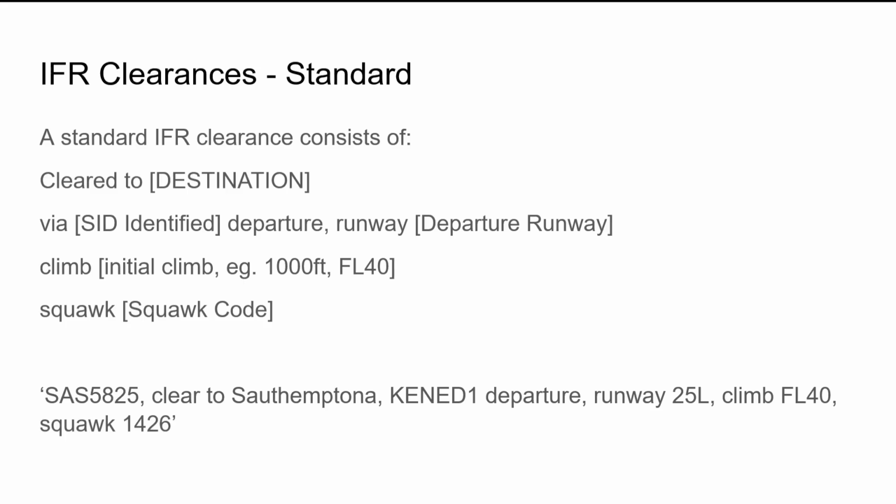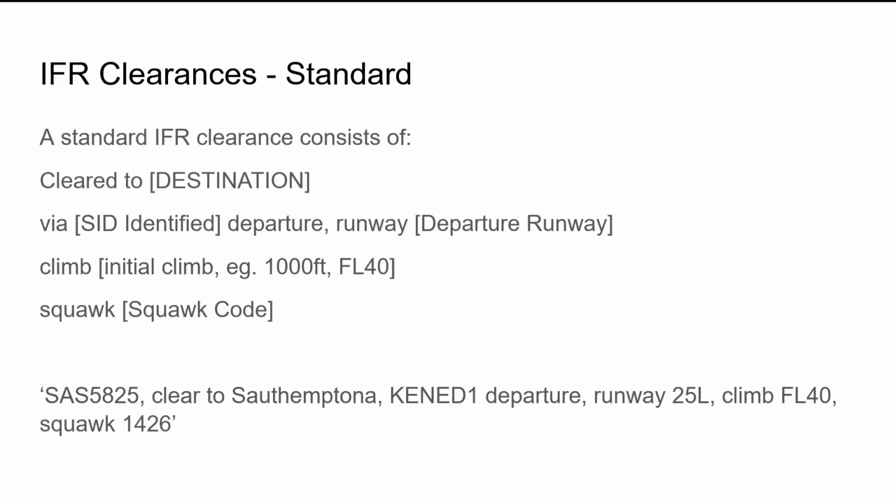In terms of VFR clearances, it will always consist of a clearance limit, a route, a climb, and a squawk. So if there is a filed SID on ATC24, we will tell them, for example, in my example here, Scandinavian 5824, clear to Southampton, Canet 1 departure, runway 25 left, climb flight level 40, squawk 1426.